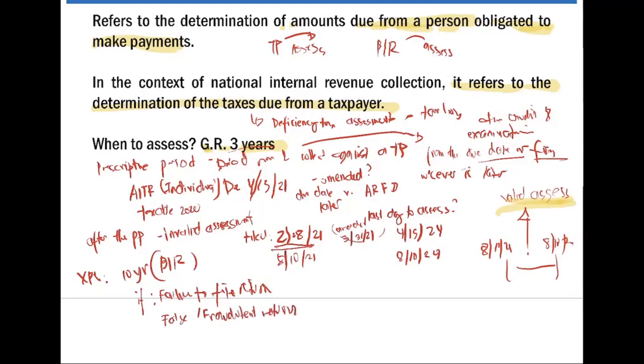As a rule, it is 3 years. But if there is a failure to file return or a false or fraudulent return, then the period now becomes 10 years.